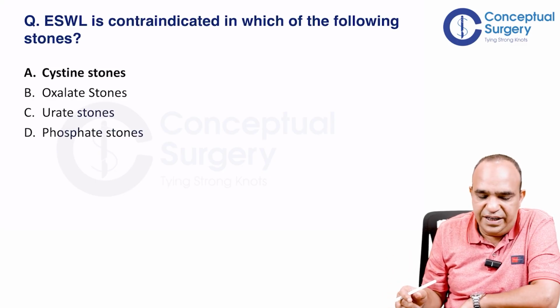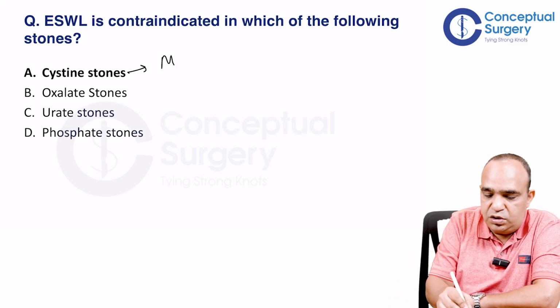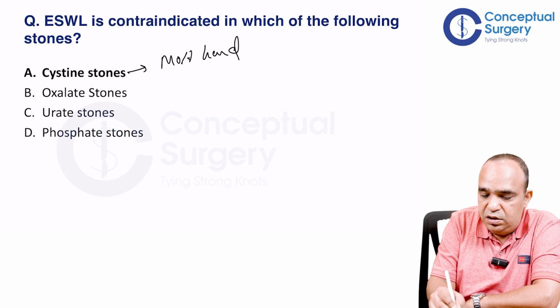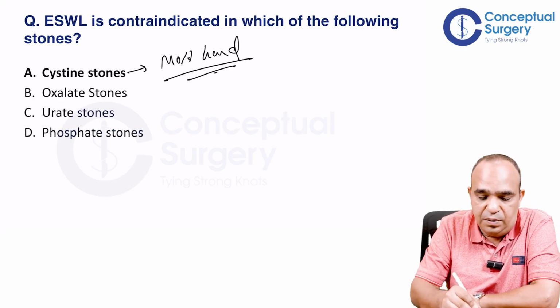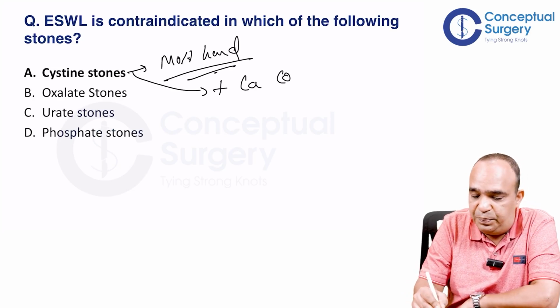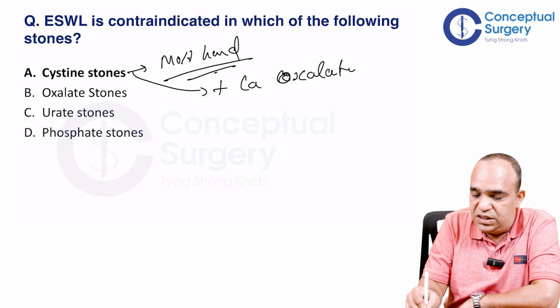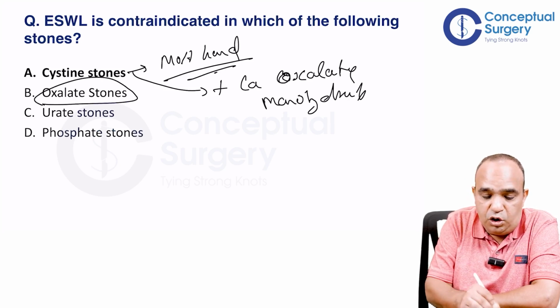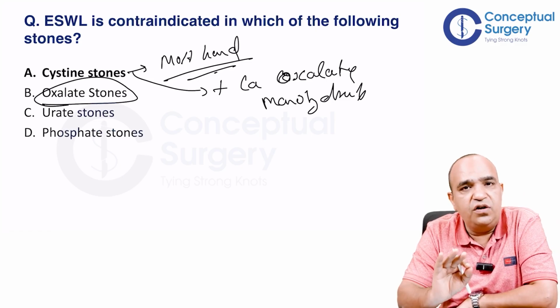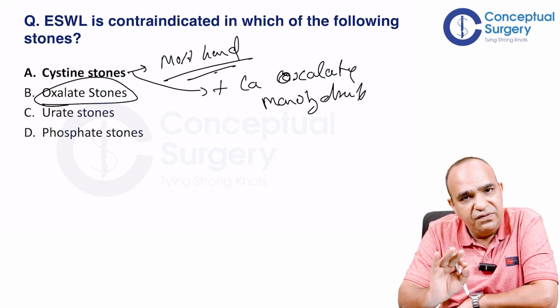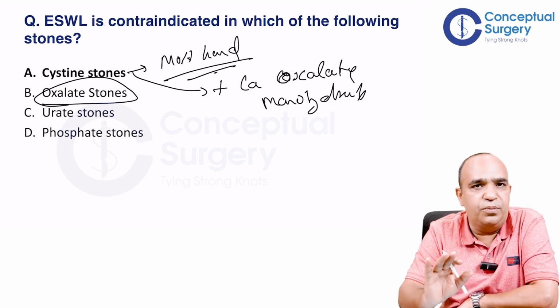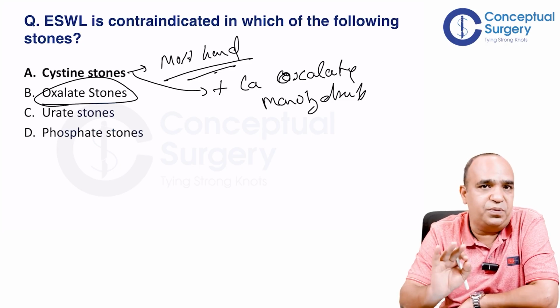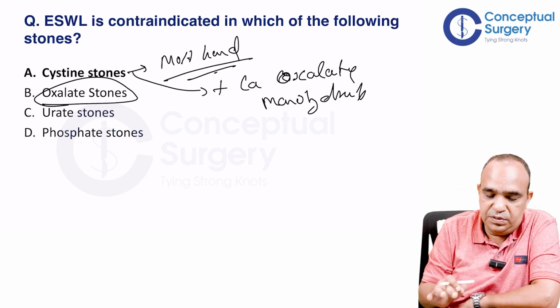ESWL is contraindicated in cystine stones, most hard, so resistant. Plus another, repeating again, calcium oxalate monohydrate. So not all oxalate. Majority of oxalate stones will get broken by ESWL, but only a specific subtype is resistant.